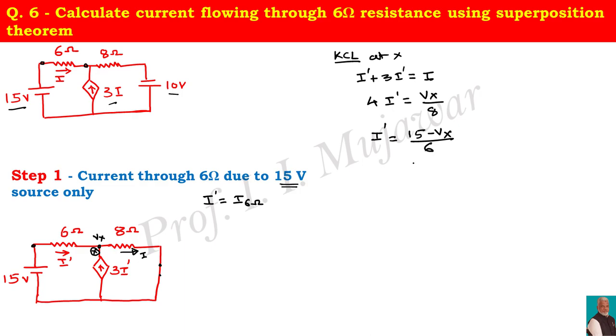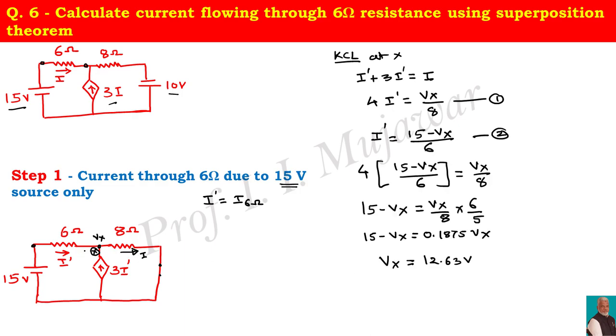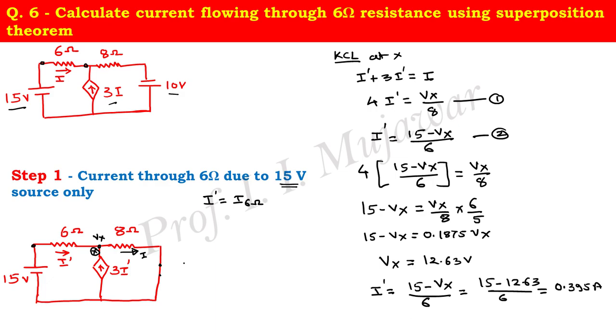Using the value, (15 minus 12.63) divided by 6 comes out to be 0.395 ampere. If I put these points as A and B, the direction is A to B. Let this be equation number 3 for this step.